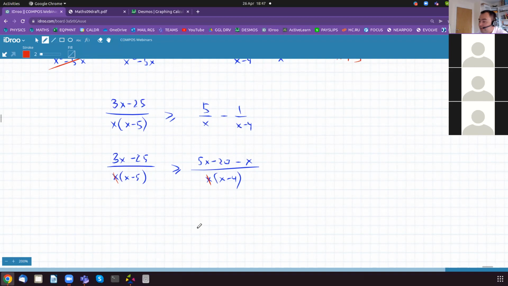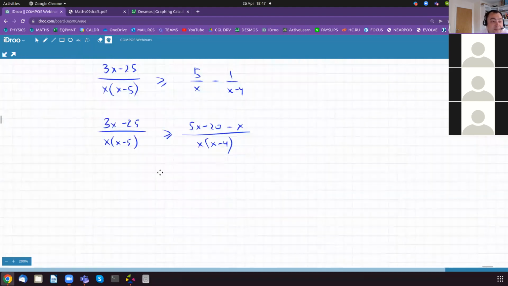So am I allowed to do that? Why not? Of course, x could be negative. So I'm not allowed to do that, because what if x is negative? Because then I have to change the sign. So I'm not allowed to do that.